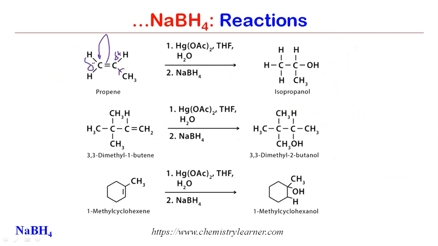Once it is having partial positive, the addition of OH will be there. That can be easily understood since it is a hydroxylation reaction. So this OH will be attached on this positive charge. That is also known as a Markovnikov addition.